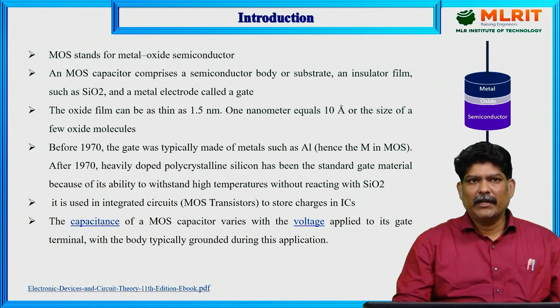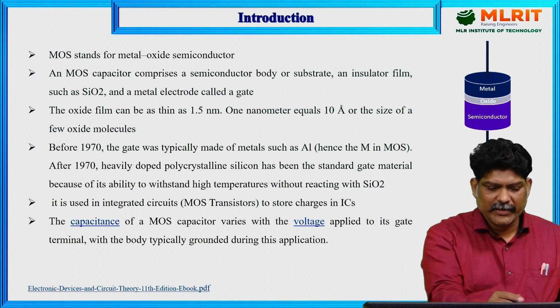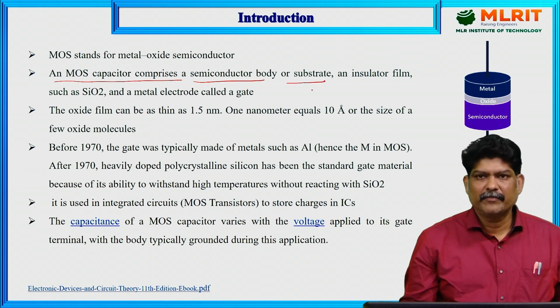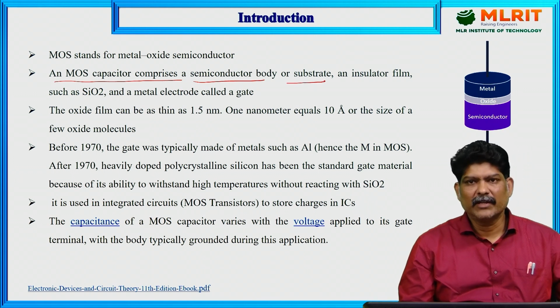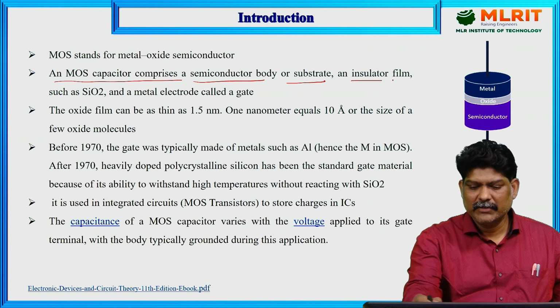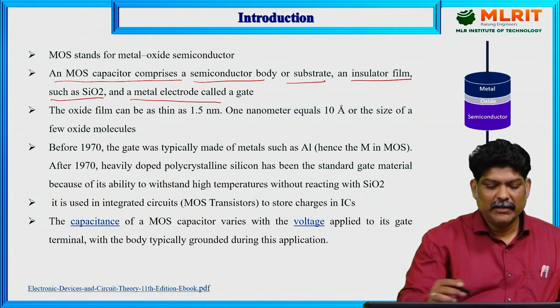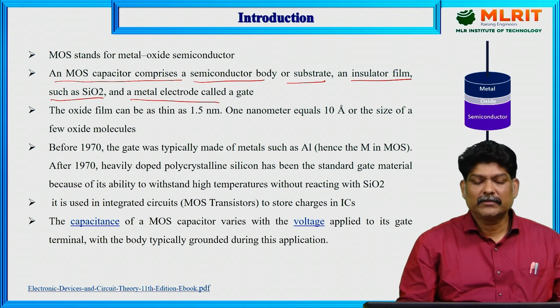A MOS capacitor comprises a semiconductor body or substrate, and also an insulator film such as SiO2, and a metal electrode called the gate.